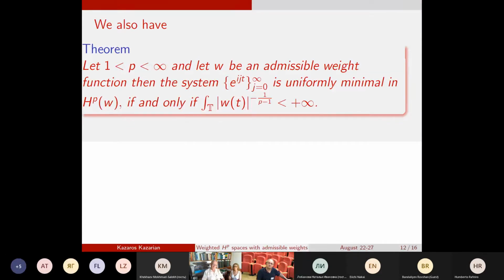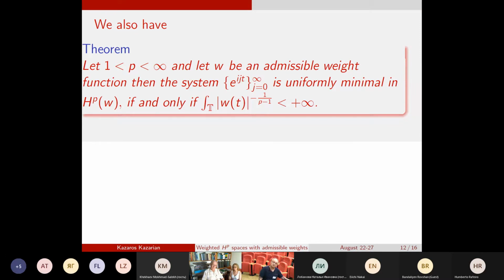So these systems are called uniformly minimal. For instance, if you have to decompose an element of the space, evidently this is a necessary condition if you would like to have convergence. Okay, so this is an important thing to have in mind when you are studying a complete minimal system or decompositions of elements with respect to this system in a given space.